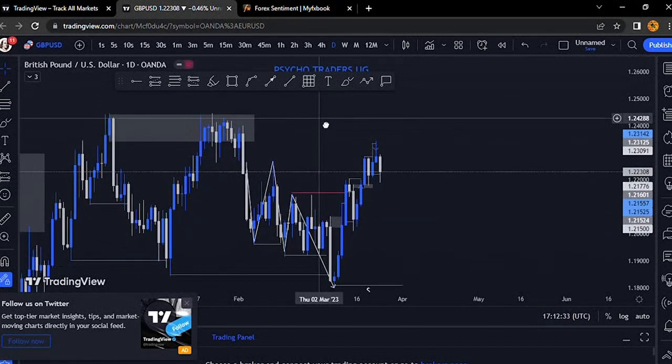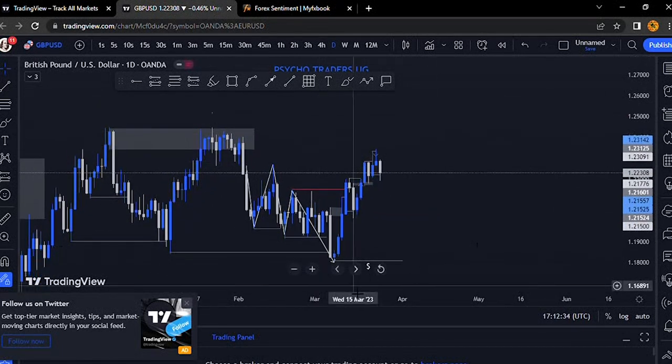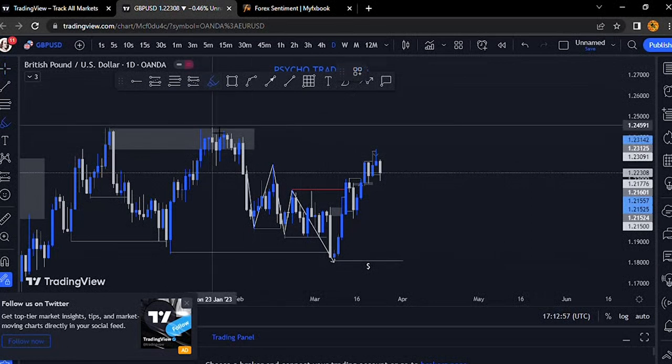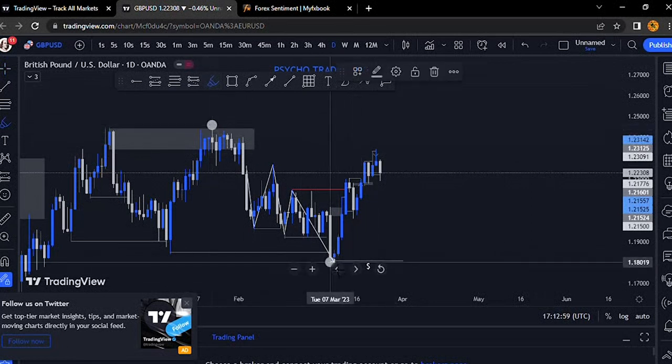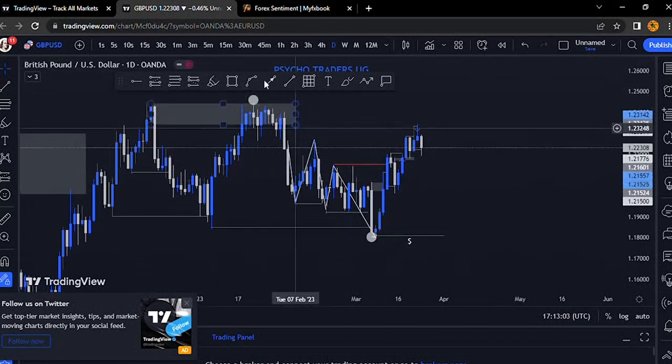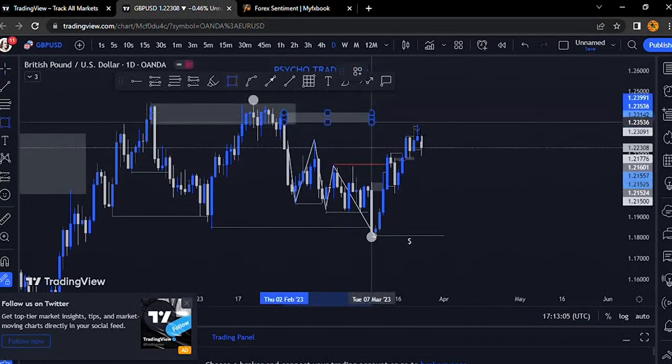So we are seeing the extreme zone. But the moment we are not seeing anything at this point, we are only seeing this right here, that this is the high right here. This is our high that we are dealing with, and this is our low right here. What we are looking for at the moment is a reaction of this zone right here.